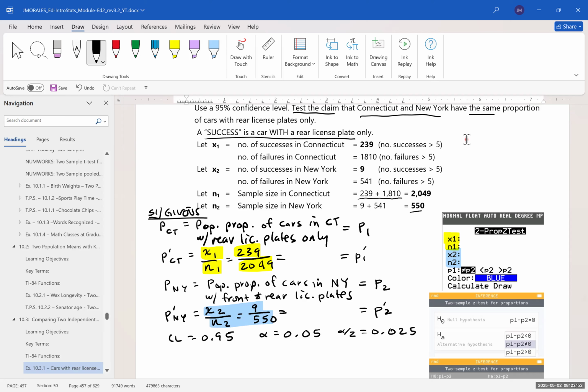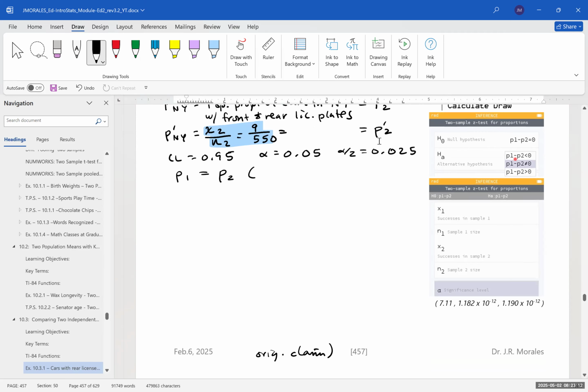What that's saying is that the population proportion for Connecticut is equal to the population proportion for New York. That's going to be our original claim. So now I think we've got everything we need to move on to step 2.